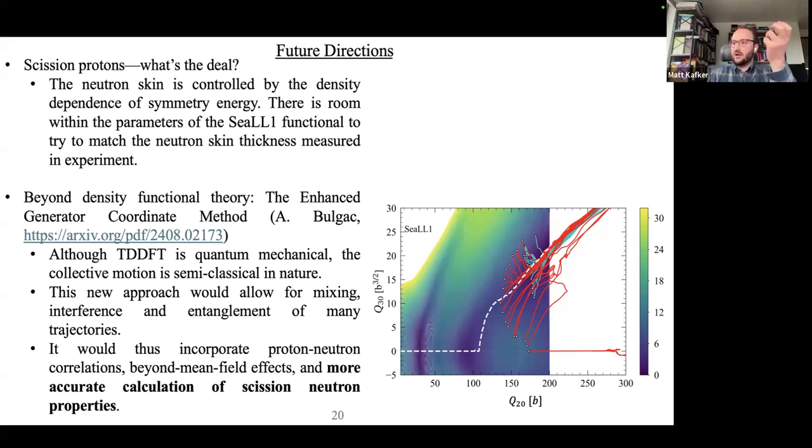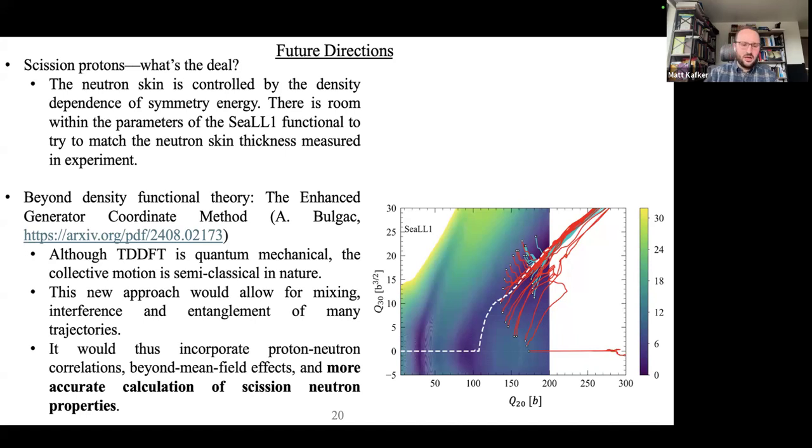And since the neck of the nucleus is primarily supported by neutrons at the moment of scission, it's possible that having a substantially thicker neck will have a significant influence on the proton dynamics, as those are the ones that fission first. So there's room within the parameters of the functional to explore this point, and that is coming up very soon. We hope to see whether that has an influence.